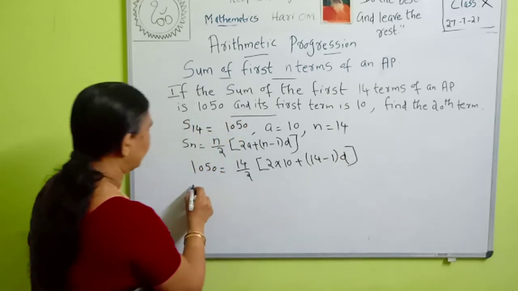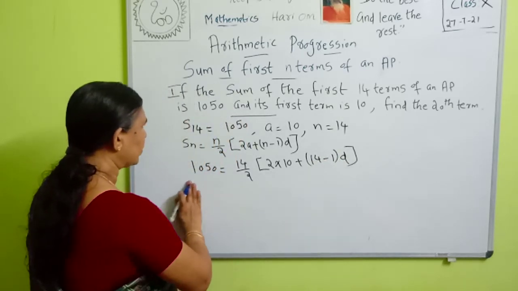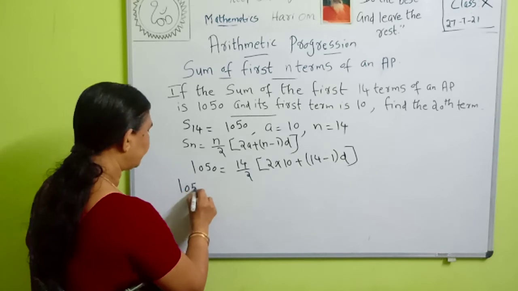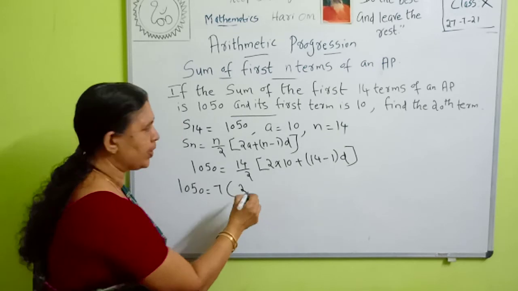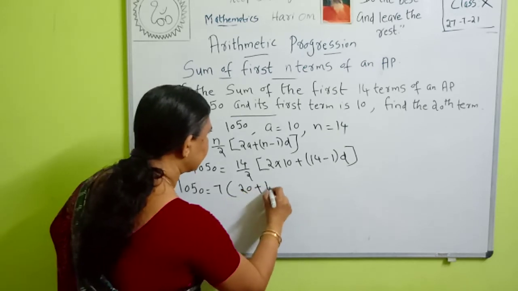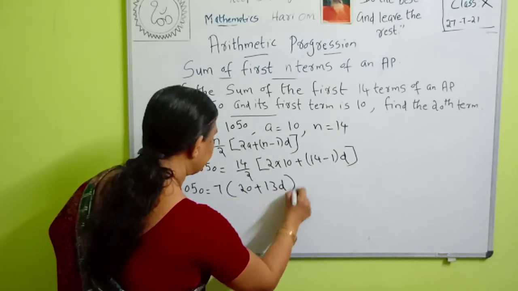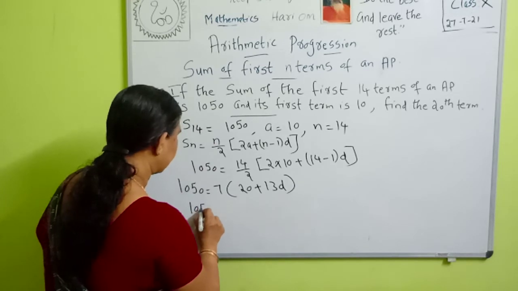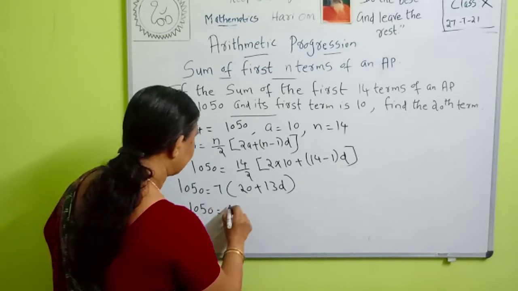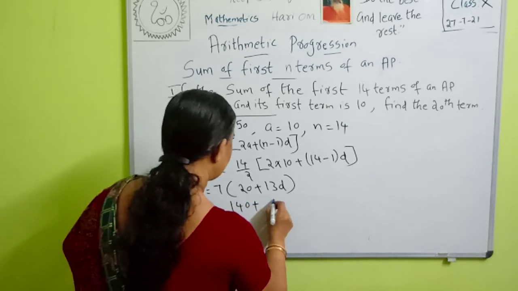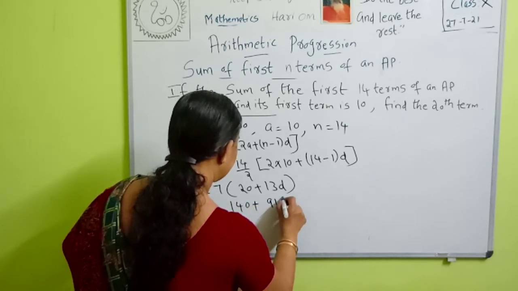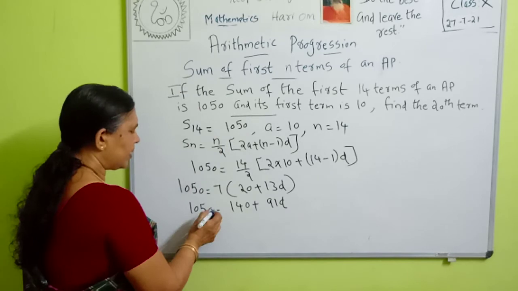We can simplify. That is, 1050 is equal to 7 into 2 into 10 is 20, 20 plus 13d. Or we can write 1050 is equal to 7 into 20 is 140 plus 91d.